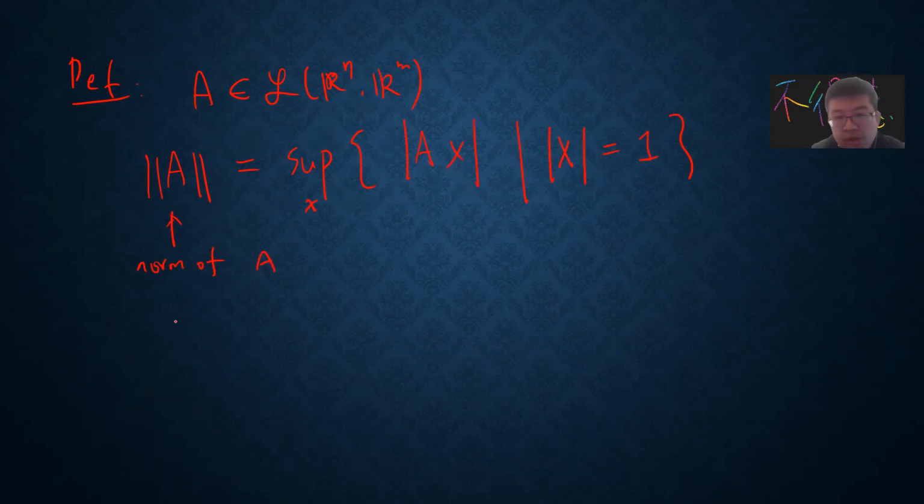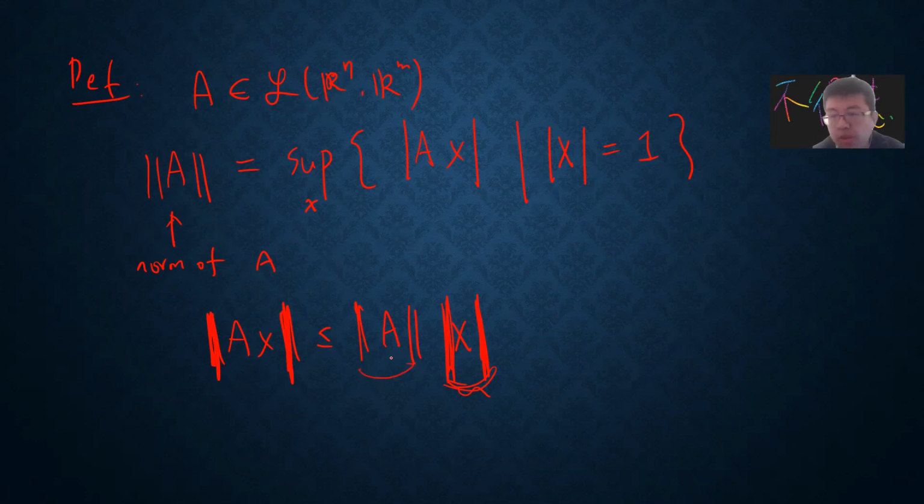Obviously, a simple result is that for each x, the length of Ax is less than or equal to the norm of A times the length of x. I use the single two lines to express the length of the vector in Rn, and the double lines to represent the norm of the operator, or the linear transformation.